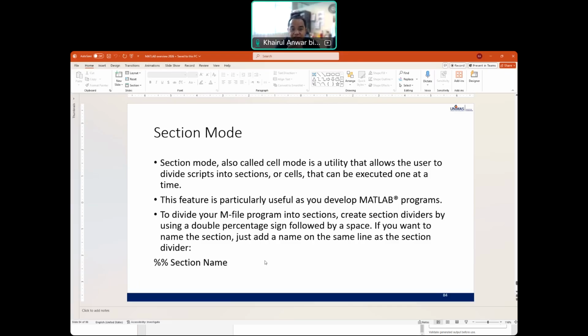This feature is useful as you develop a MATLAB program. It's easier when we do the debugging to find where the bug is within the lines, because we run it section by section. To divide your M file or script file into sections, you create a section divider by using the double percentage sign.